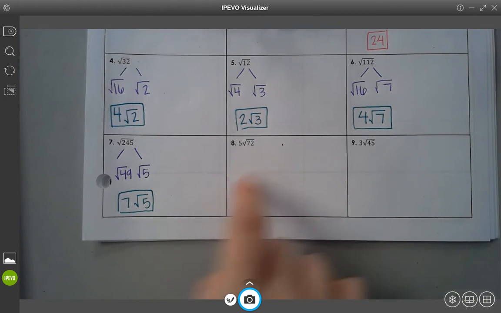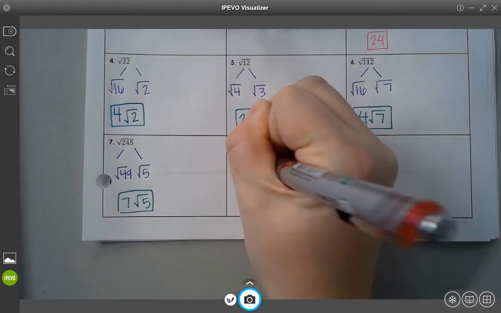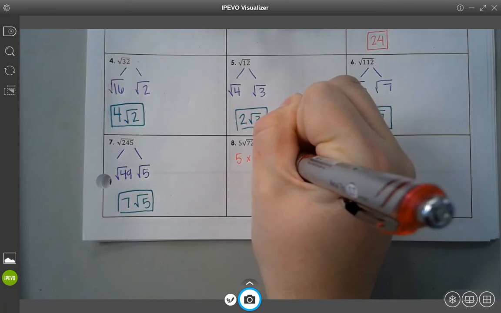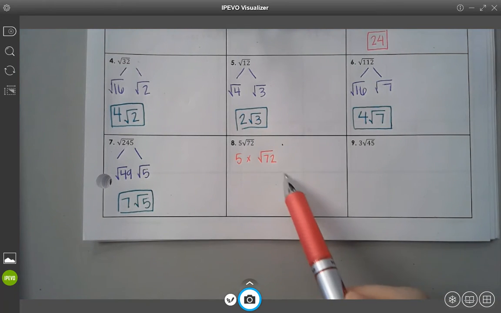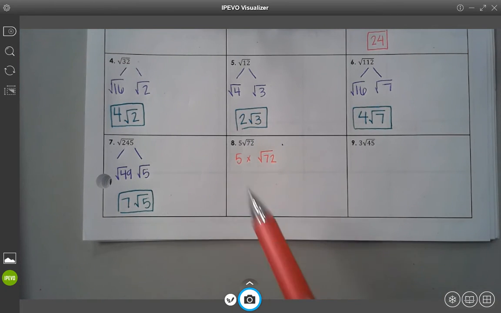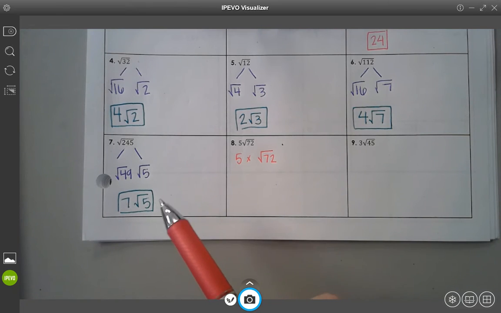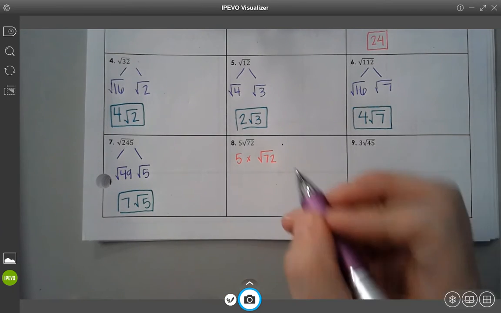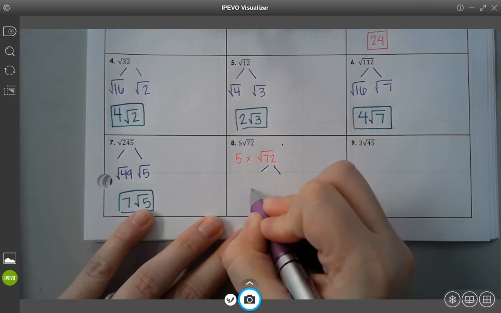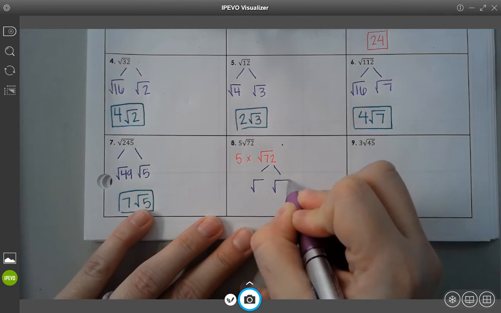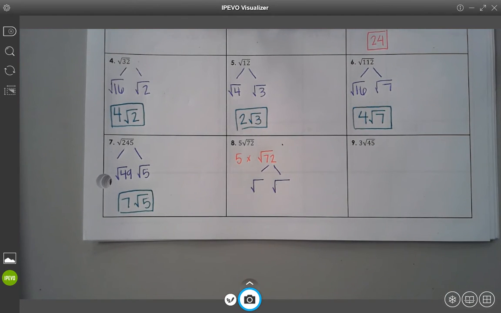5. This is really 5 times the square root of 72. So I have to break down this square root, and then I'll multiply it by 5. Okay. So we're looking for the largest perfect square that goes into 72.